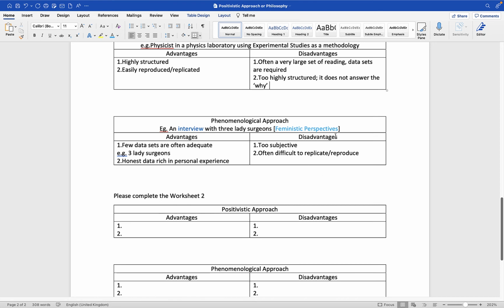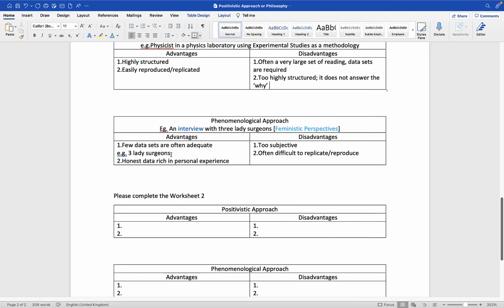So let's consider the interview. I'm interviewing 3 lady surgeons. The approach is phenomenological. The methodology is feminist perspective, and the method is interview. Now, the advantages may be surprising. The first one is often very surprising. I can have a completely valid phenomenological research program by interviewing only 3 lady surgeons.